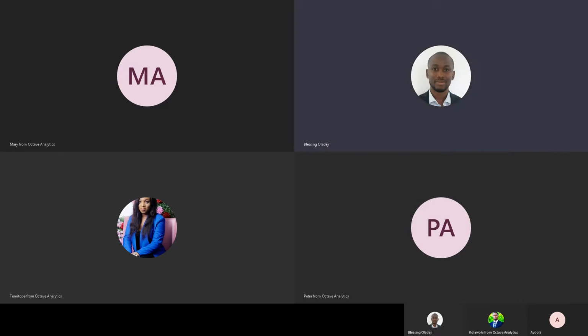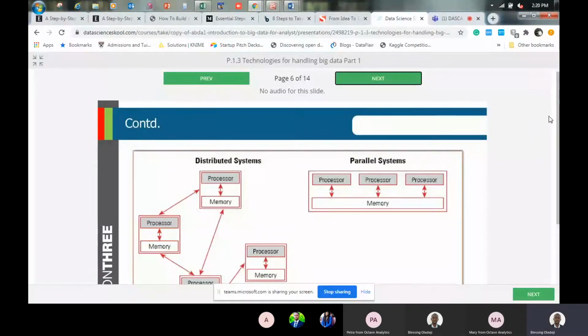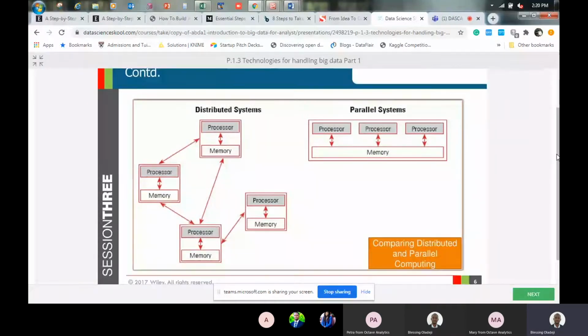Okay, so I'm sharing my screen now. I took time to explain this architecture to us yesterday, and it's also what I have just explained this afternoon.